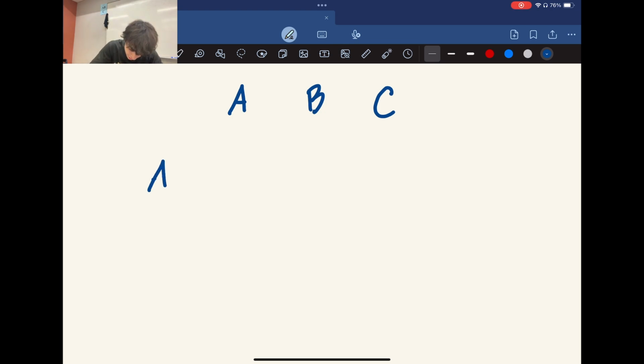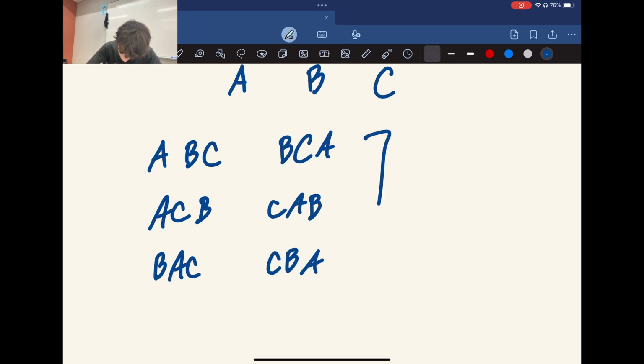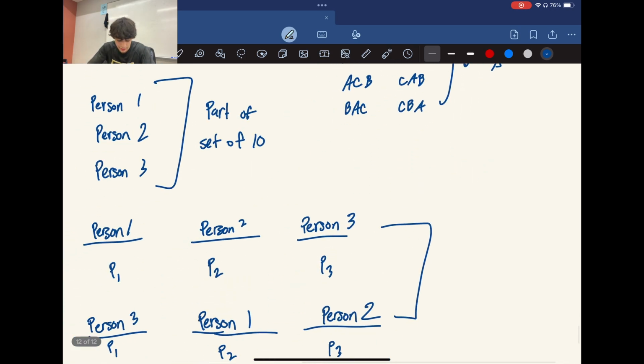And naturally you would go A, B, C, then you would go A, C, B, you would go B, A, C, B, C, A, C, A, B, and C, B, A, to get a total of 6 ways you could organize these 3 letters. And it's the same exact concept that could be put back to this here.